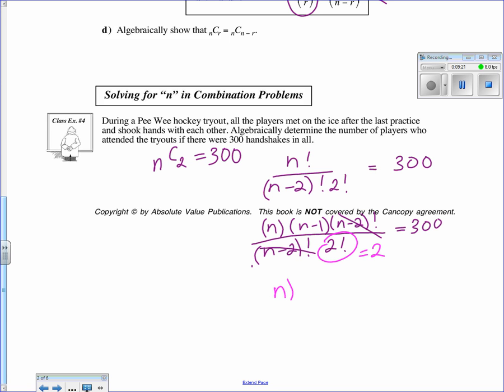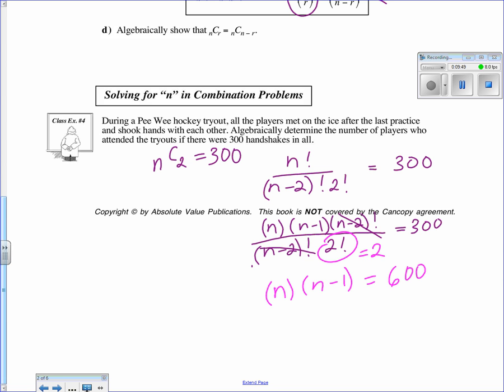So now I can go n times n minus 1 equals 300, and move that 2 over to the other side is 600. And now I can either FOIL it out or try to determine two numbers that multiply together to get 600 and only differ by 1. You might try finding the square root of 600. That's a really good way of getting close to those numbers.